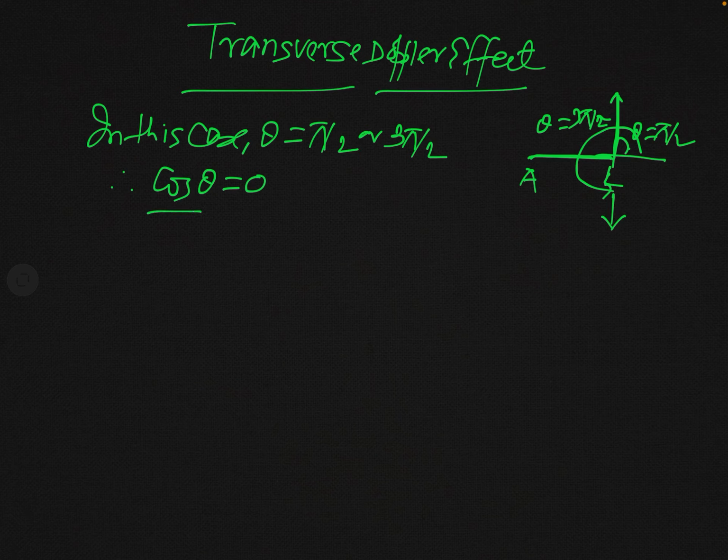So now simply substitute cos theta equal to 0 into the general result, then you will get the apparent frequency and apparent wavelength in case of transverse Doppler effect.